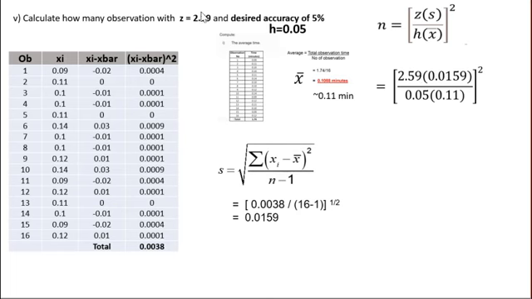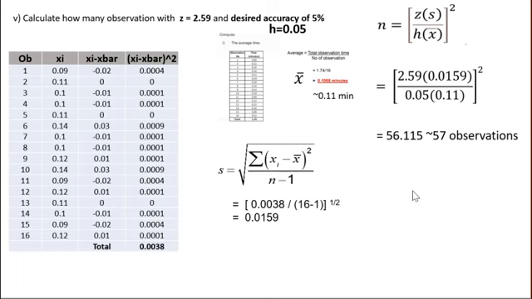Z is 2.59, S is 0.0159, divided by H is 0.05, times the X bar is 0.11, squared, you get 56.115. This is an observation count, so we have to round up. So it should be 57 observations, a minimum of 57 observations.